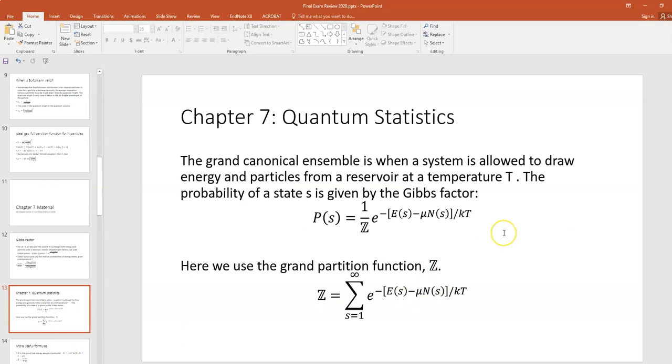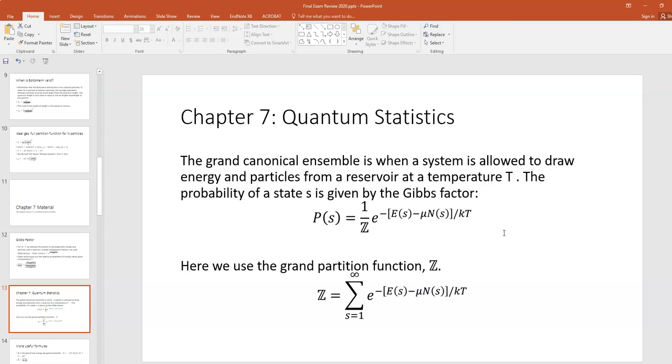And using that expression, we derived the grand canonical ensemble. Okay, so the grand canonical ensemble, again, is used when you're allowing the system to exchange both energy and particles with a reservoir that's held at a certain temperature T until it comes to equilibrium, okay?